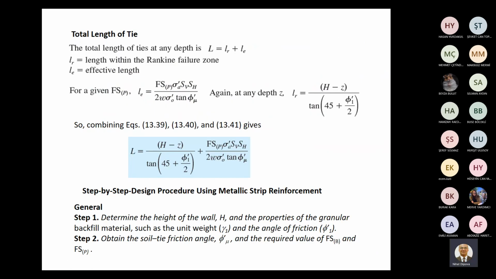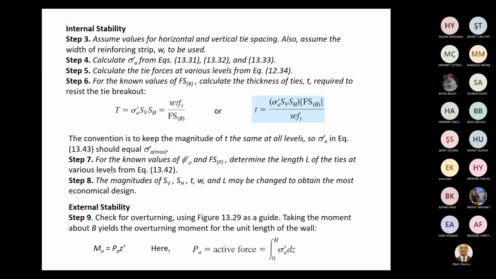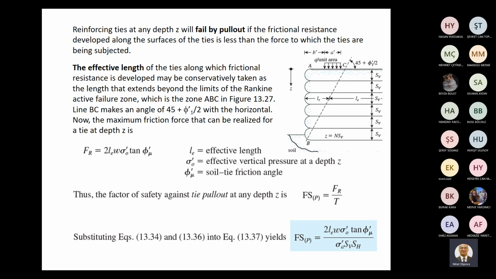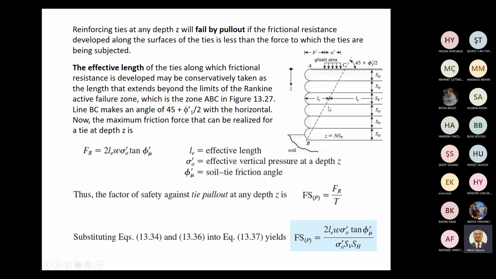What else we have to do is total length of tie. Total length of tie. As you see in this figure, the 45 plus phi over 2 is the failure angle according to Rankine theory.